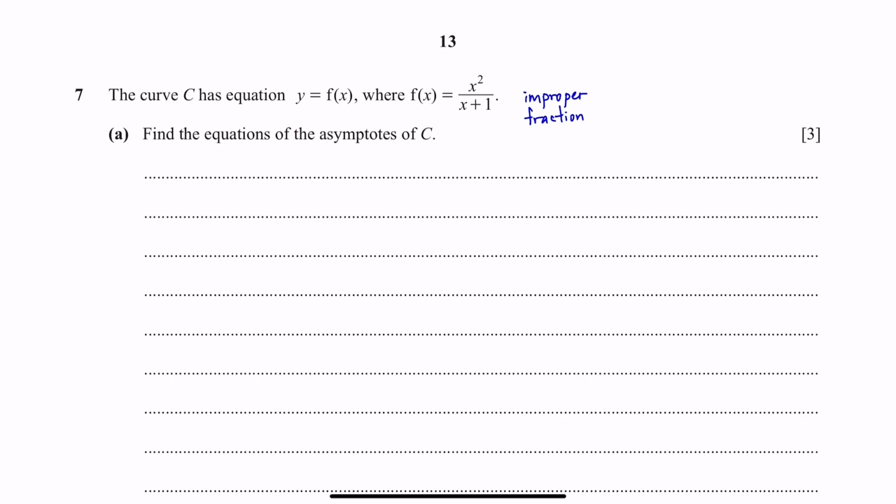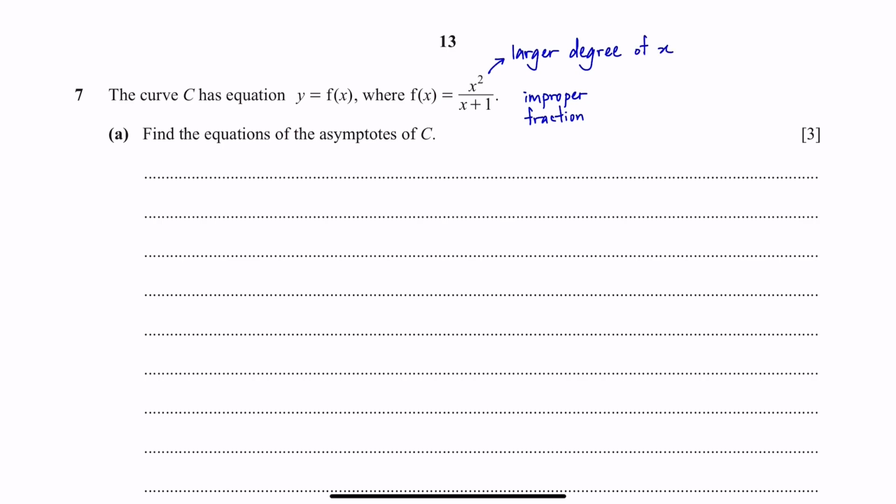So what is an improper fraction in terms of x? When the numerator has a larger degree of x than the denominator, or equal to the denominator, it's considered an improper fraction.